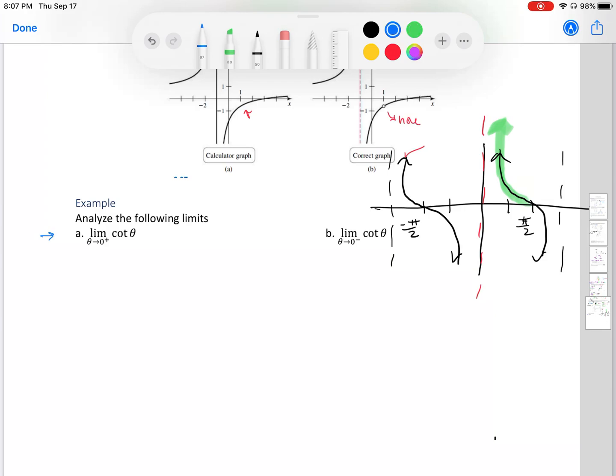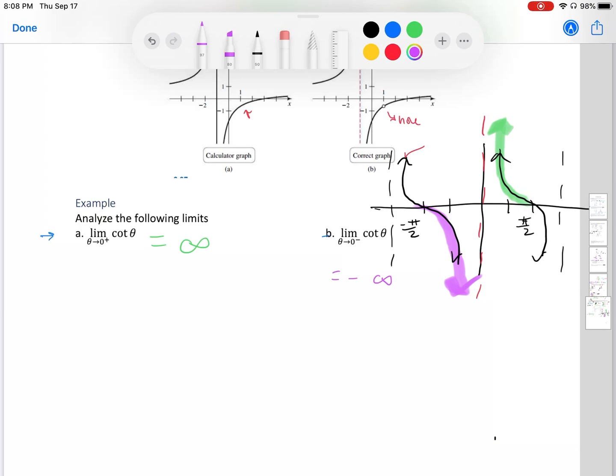So our answer would be infinity. What about 0 from the left, which is B? B is asking, find the limit as theta approaches 0 from the left of cotangent theta. Looking at this from the negatives, our graph is heading downward, so it equals negative infinity.